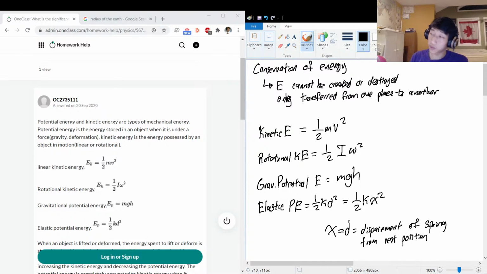Now, why do we sometimes write it with D and sometimes write it with X? Sometimes we need to have D to represent other properties, like distance. Like if you're trying to say the distance traveled. If I have a slingshot, I stretch it out initially. It has potential energy, no kinetic energy, because I'm just having it chambered and ready to go.